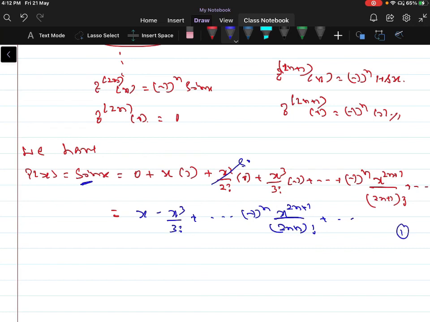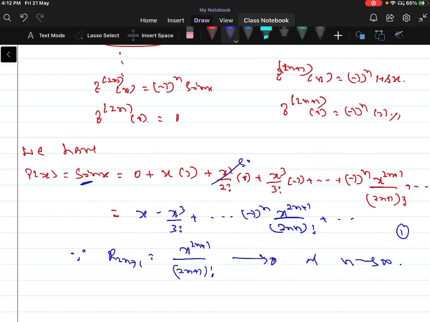So let us call this equation 1. Since equation 1 is an infinite series, it converges everywhere on the real line. Let us take the remainder r2n plus 1, which is equal to x power 2n plus 1 by 2n plus 1 factorial, that goes to 0 as n increases to infinity. So 2n plus 1 becomes a very big number for any choice of x, so that goes to 0.